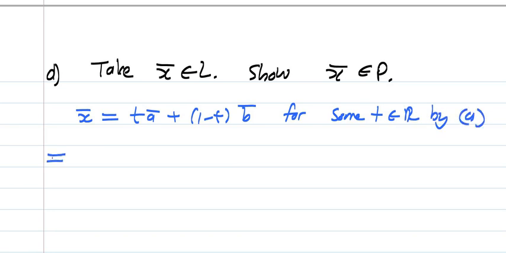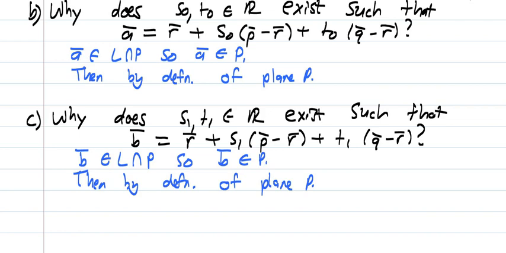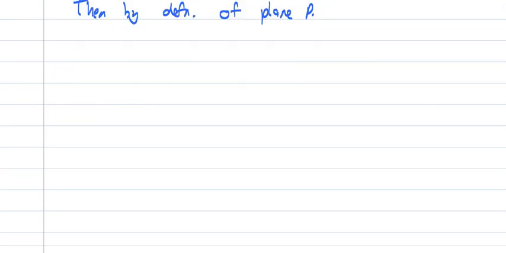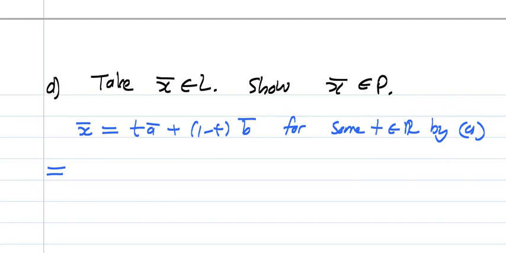And now, let's scroll back to B and C. So in B, we know that A is of this beautiful form. And by C, we know that B is of this beautiful form. So let's capitalize on that result and let's fill it in.